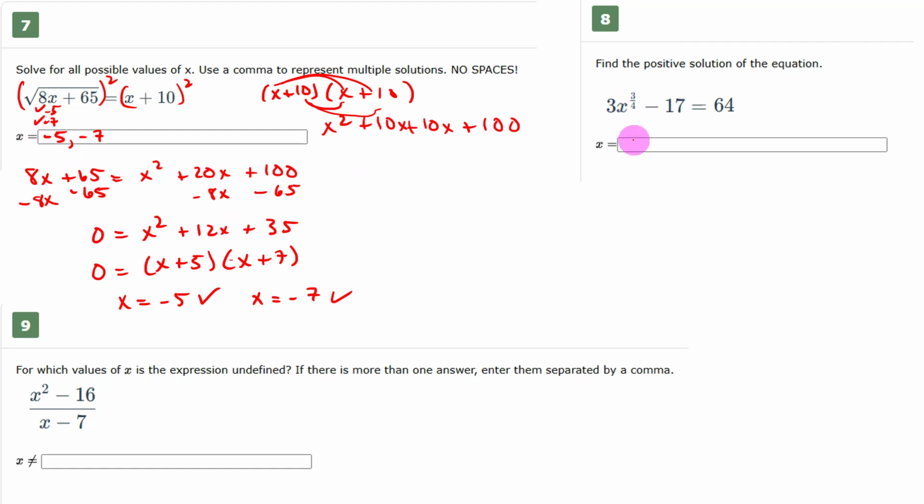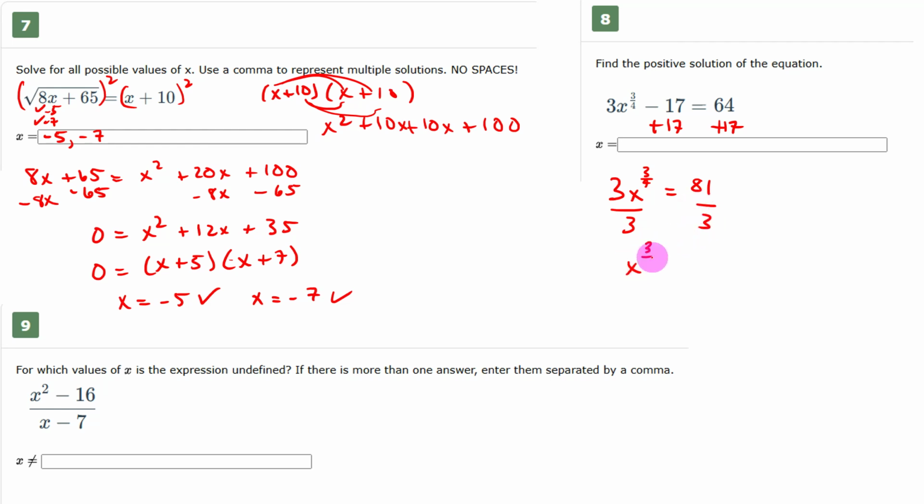Okay, all the positive solutions. So I'm going to add 17 and get 3x to the 3 over 4 equals 81. I'm going to divide by 3.